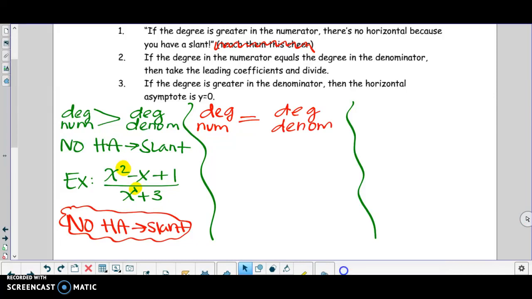Your horizontal asymptote is going to be y equals leading coefficient over leading coefficient. And I'll show you what I mean by that, okay? So this time the degrees have to be the same. So if I'm a degree of 2 in the top, I've got to be a degree of 2 in the bottom, okay?